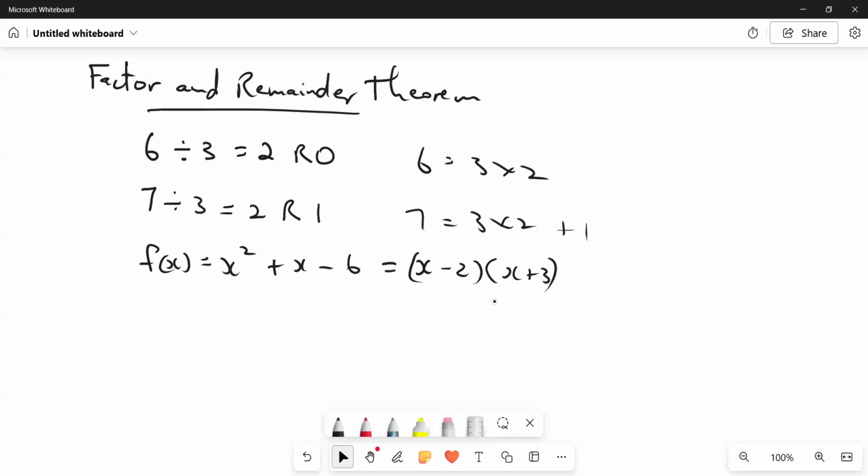If you were to divide this expression by x minus 2, you should get x plus 3. Similarly, if you divide by x plus 3, you're supposed to get x minus 2, just like you were doing with these pure numbers. Good. So let's try that division and see what happens.